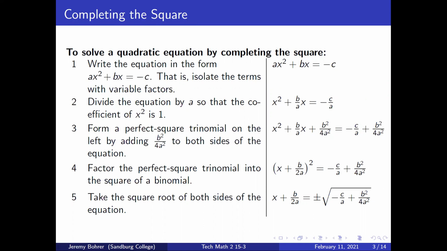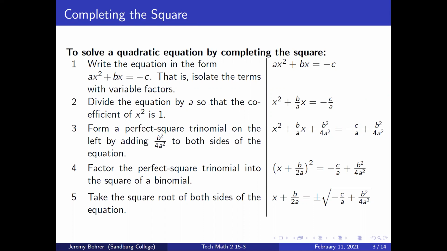So that takes us from ax squared plus bx equals negative c to x squared plus b over a times x equals negative c divided by a. Third, we form a perfect square trinomial on the left by adding b squared over 4a squared to both sides of the equation.